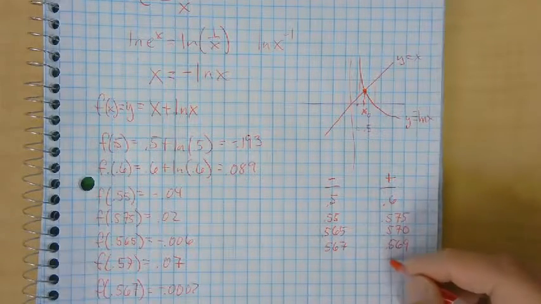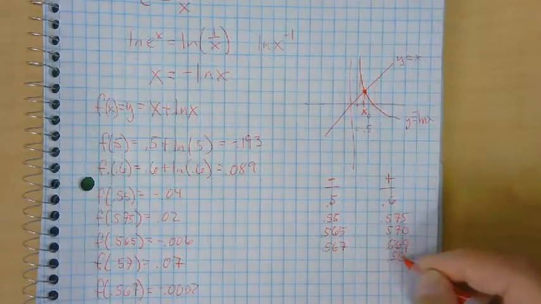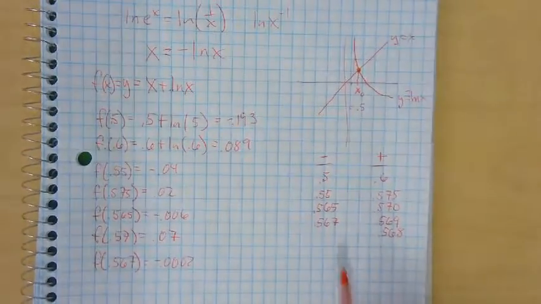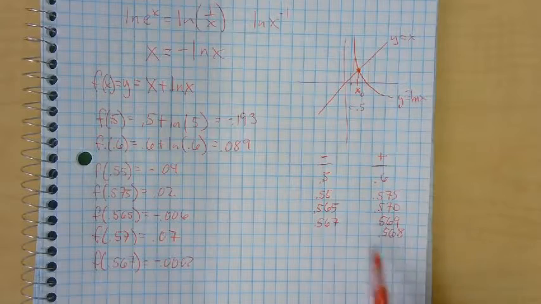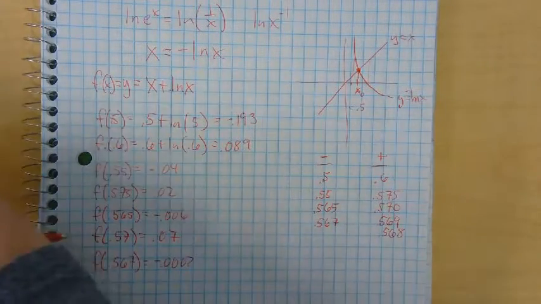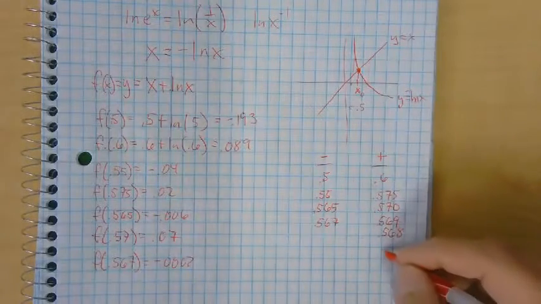That's also a positive. Okay, now I know it's between these two things, so I'm going to check 0.5675. That's also a positive.